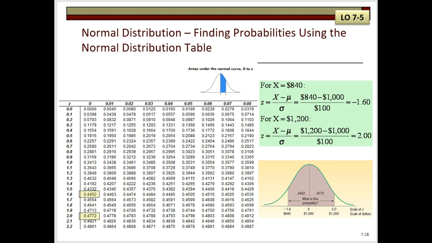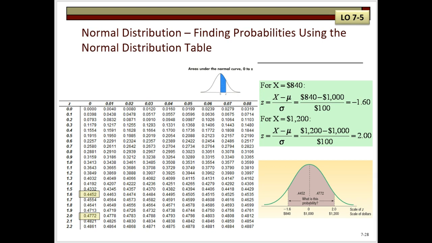The value is 0.4452, and this is the area between the z-value of 0 and -1.6. Next we're going to locate the probability for z of 2.0. We go down the left column to 2.0, then move horizontally to the column headed 0, and the value is 0.4772. That's the area between a z-value of 0 and +2.